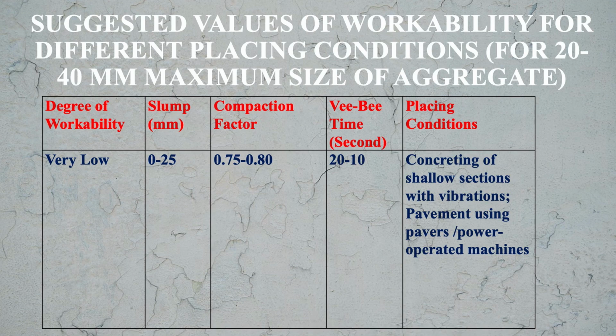Let us take the first case, very low, when the degree of workability of the concrete mix is very low. For such a concrete mix, generally the slump is between 0 to 25 mm and the compaction factor is between 0.75 to 0.80. And for such a mix, the VB time is 20 to 10 seconds.